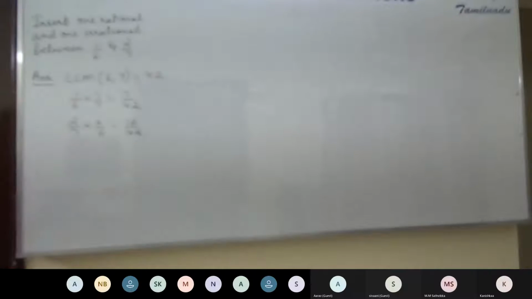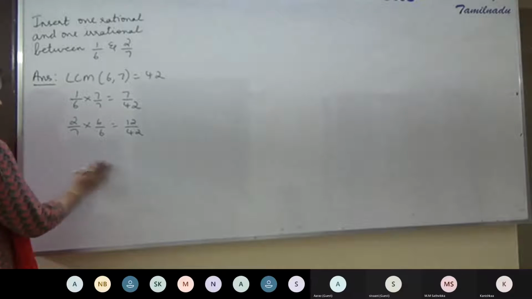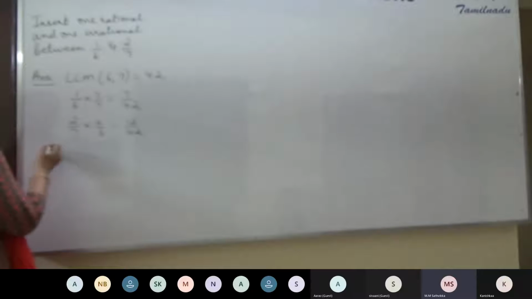So what is your rational value between 1 by 6 and 2 by 7? 11 by 42.